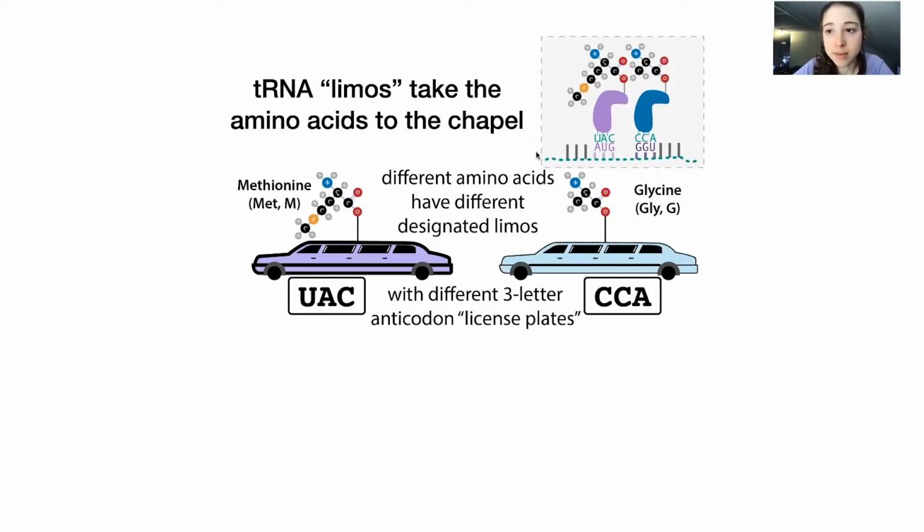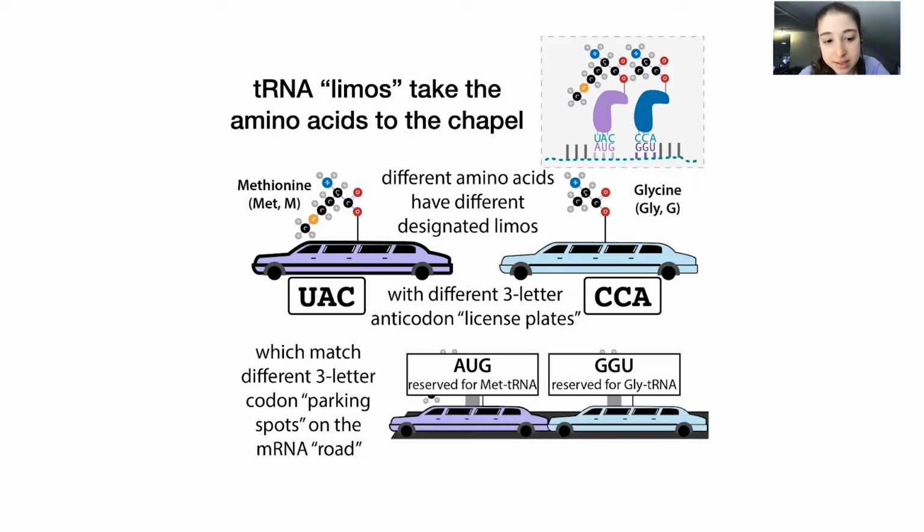So our tRNA limos are going to be taking our amino acids to the chapel. Different amino acids are going to have different designated limos, so you're going to have different tRNAs with different 3-letter anticodon license plates.